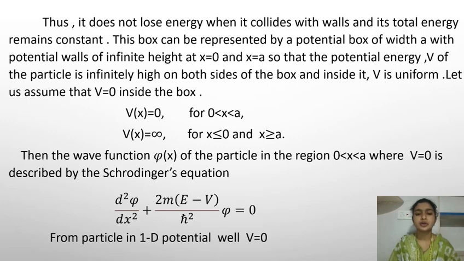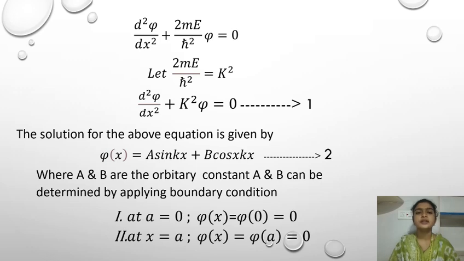This is the Schrodinger wave equation: d square psi by dx square plus 2m (E minus V) by h cut square times psi equals 0. For a particle in a one-dimensional potential well, V equals 0. So d square psi by dx square plus 2mE by h cut square times psi equals 0. Let 2mE by h cut square equal k square. Then d square psi by dx square plus k square psi equals 0.